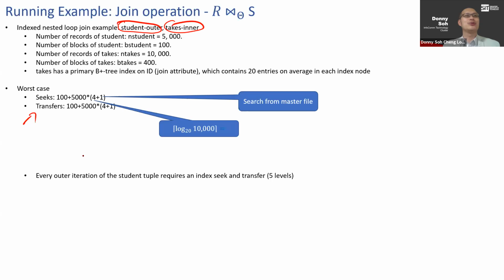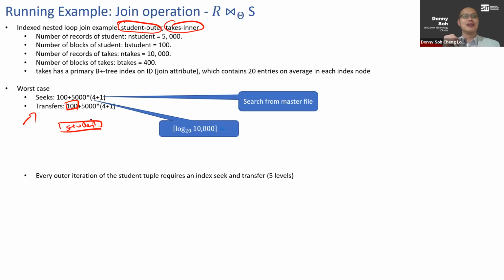So I will need to loop through every single time my outer loop, correct? Yes, I remember I was going through this this afternoon. So every single block of my outer loop, I need to do a transfer.